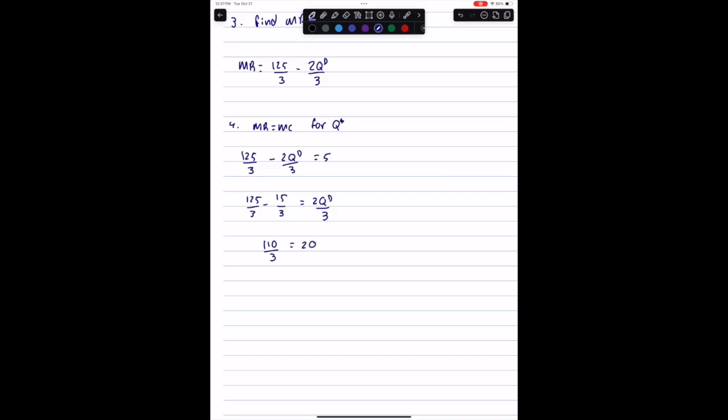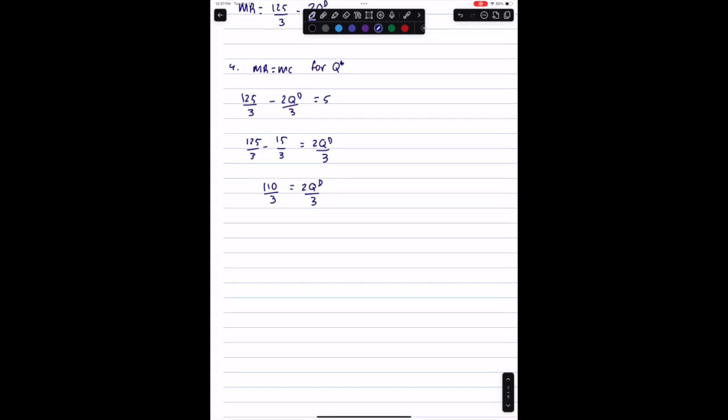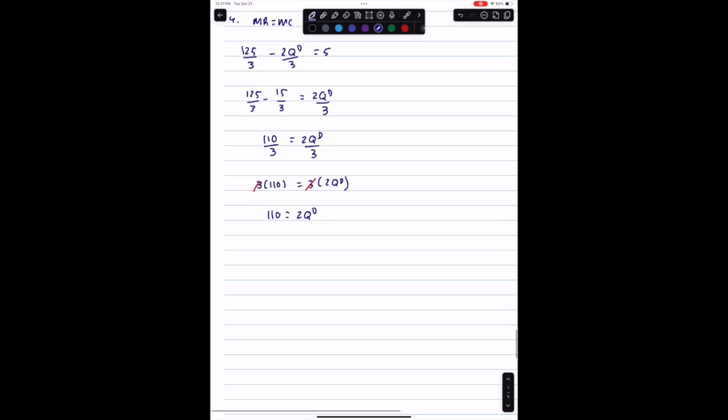So it's going to be 110 over 3 is equal to 2QD over 3. We're going to cross multiply. So we're going to get 3 times 110 is equal to 3 times 2QD. We can see that these 3s cancel. And then we're going to have 110 is equal to 2QD. Finally, Q star demanded is equal to 55, right?